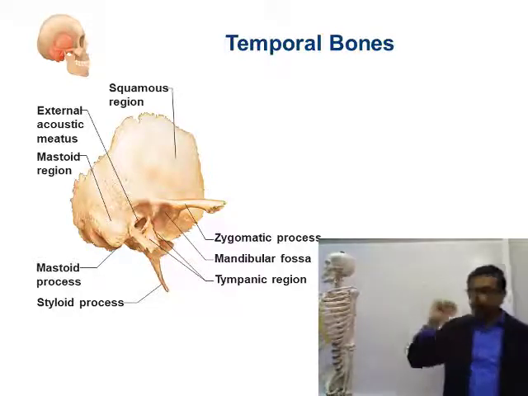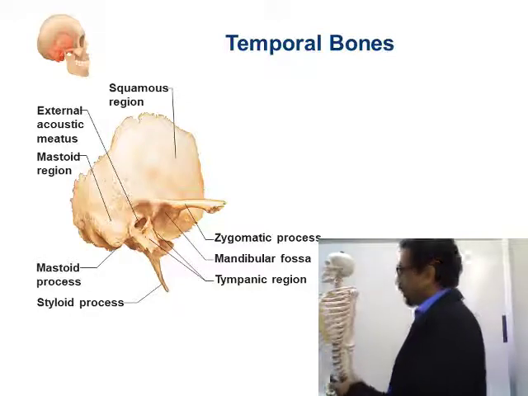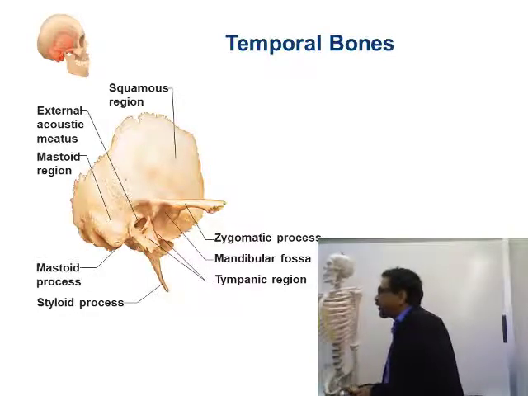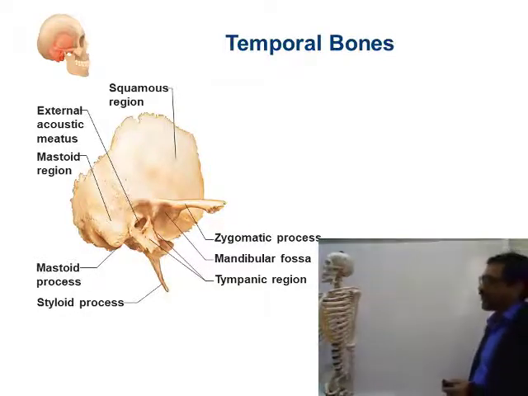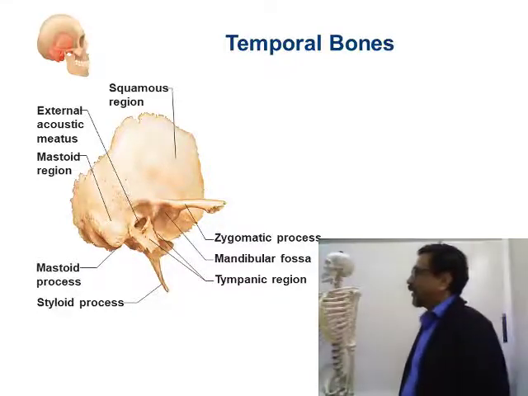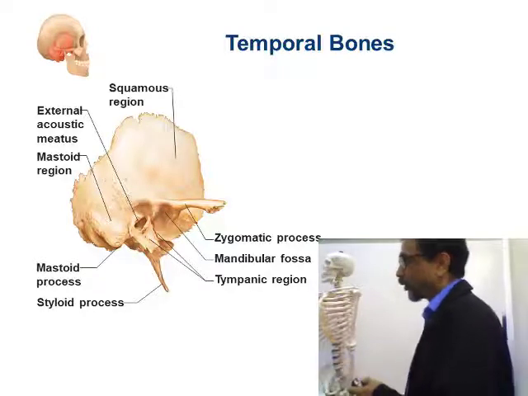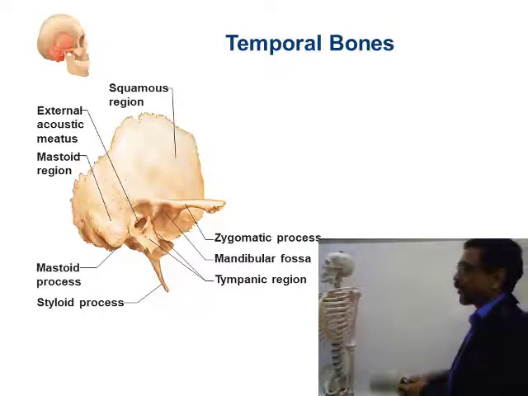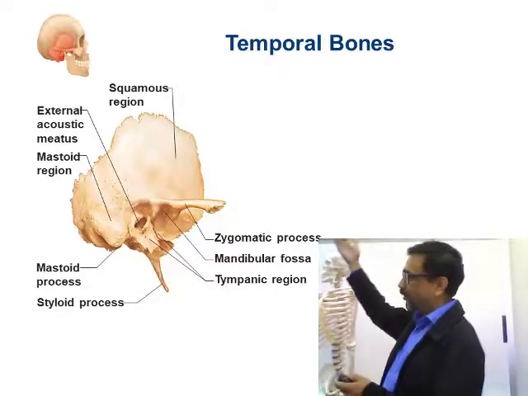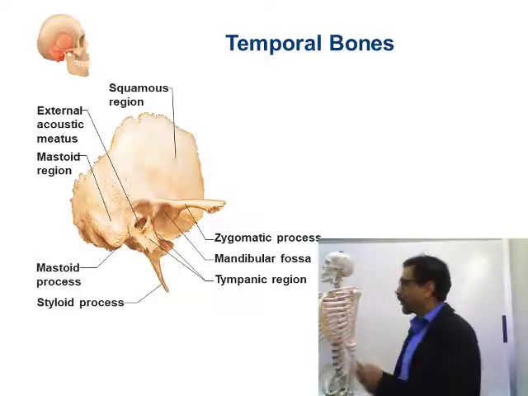Now, temporal bone has a flat upper portion, which is just a flat bone in the upper part, and a number of structures in the lower portion. So lower portion is complicated, upper portion is simple. Upper part is simple flat bone, and lower part has a number of structures.